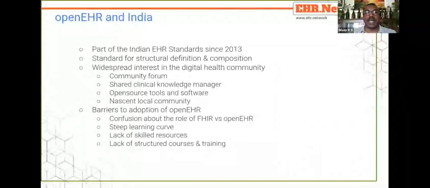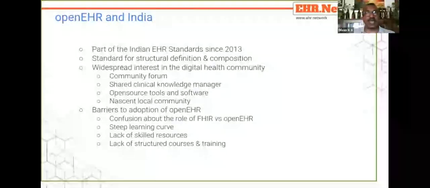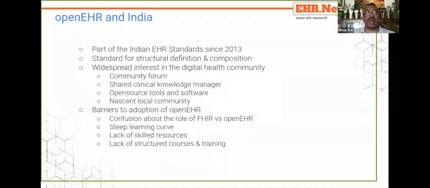Now, there is widespread interest in the digital health community. We have seen it because we've been very involved in the digital health community, and we know a lot of people are looking at openEHR as a solution they would want to use. There is a lot of activity in the community forum, and there is a shared clinical knowledge manager that is accessible, and many open source tools that we can leverage.